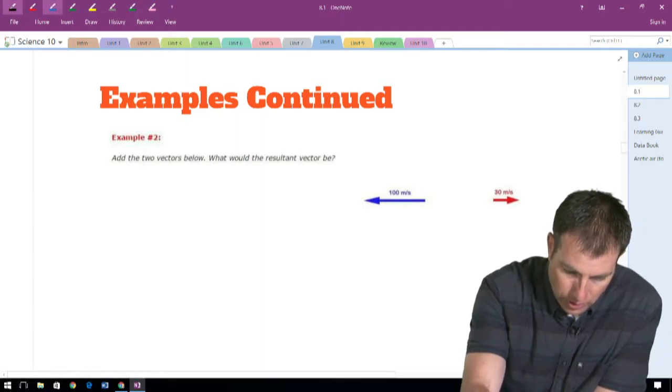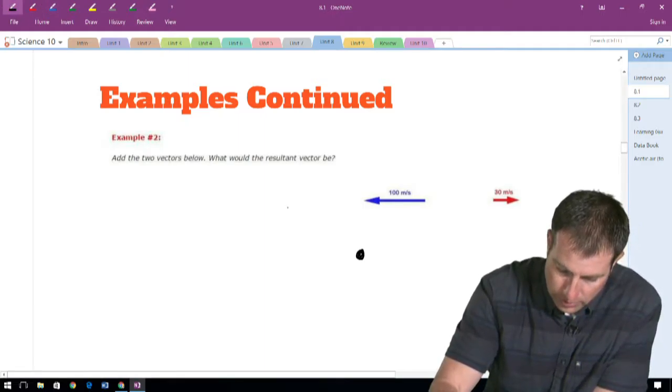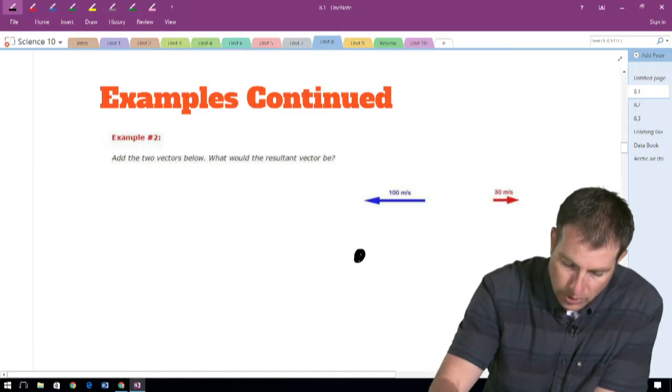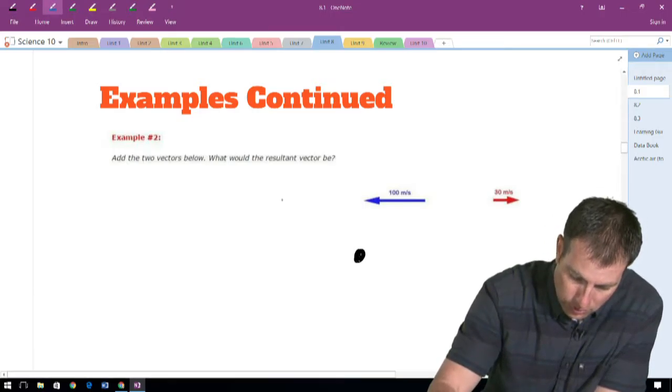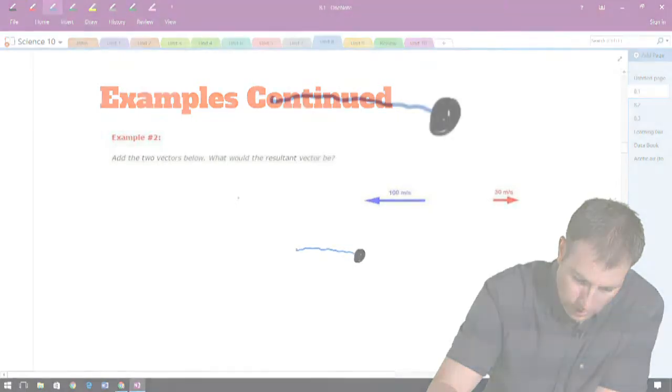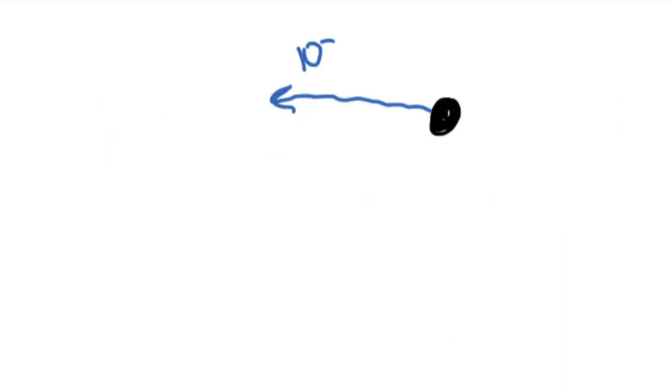I'm going to have some starting point right here. Here's my starting point. And from my starting point, I'm going to draw this blue arrow, which is 100 meters per second. So that arrow is 100 units long. And then I am going to start from the tip of that arrow the tail of my next arrow. I can actually draw this up a little bit higher.